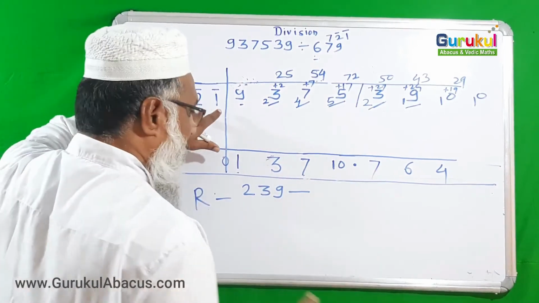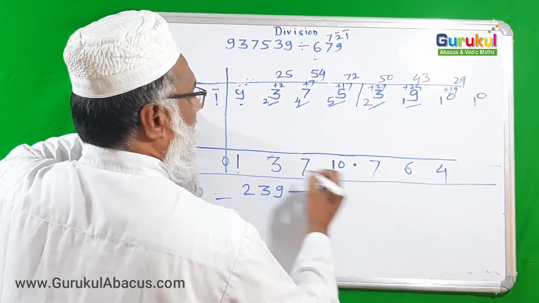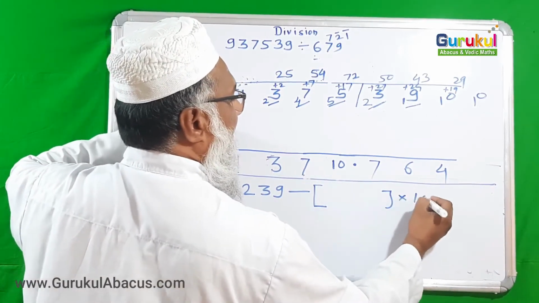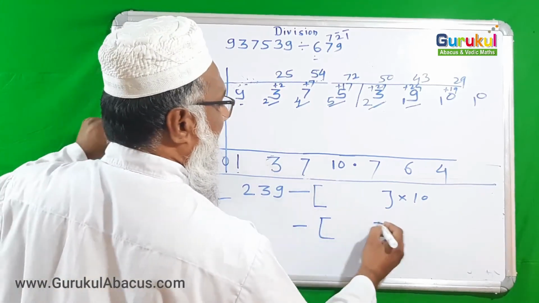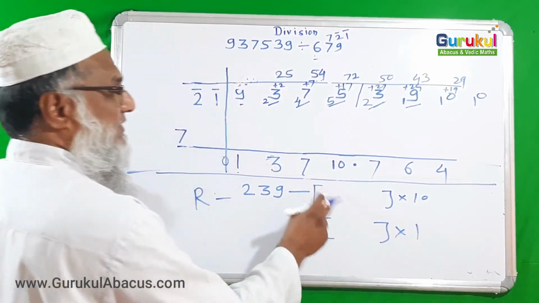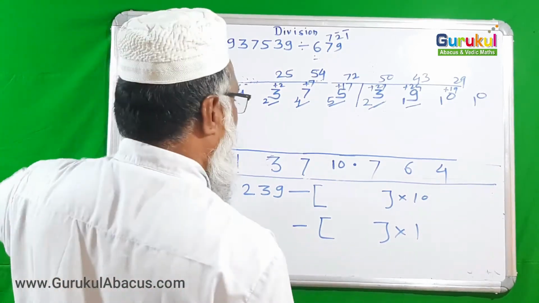So how it is, that I am telling you. Firstly both cross multiplications multiplied by 10, and then again we should subtract the last digits' multiplication into 1. These 2 steps are there, 2 things we have to subtract from it.